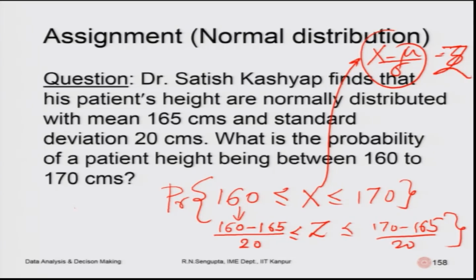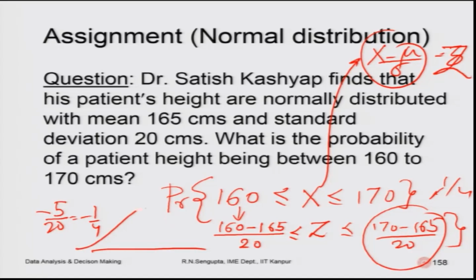So, this first value is minus 5 by 20, this is minus 1/4, and this becomes 5 by 20, this is basically 1/4. So, minus 0.25 to plus 0.25. So, you have the distribution from minus 0.25 to plus 0.25, you go and try to find out the areas accordingly.